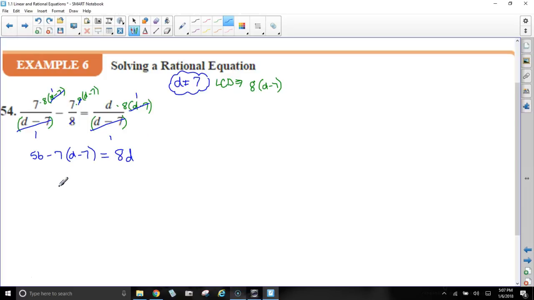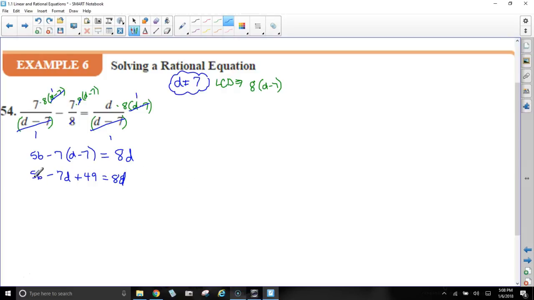All right, now let's do our algebra and solve this equation. Here we have 56 minus 7d plus, because a negative 7 times a negative 7 is going to give us a positive 49, equals 8d.